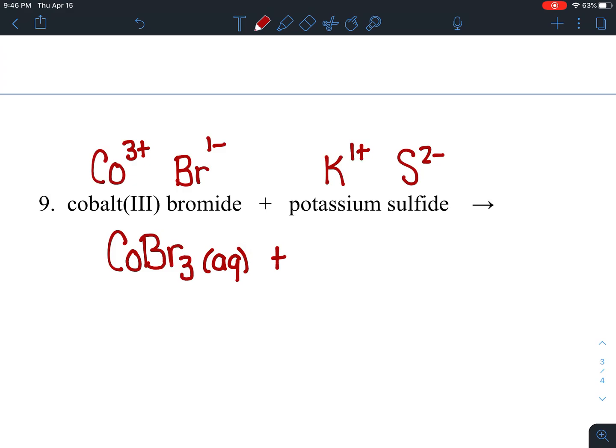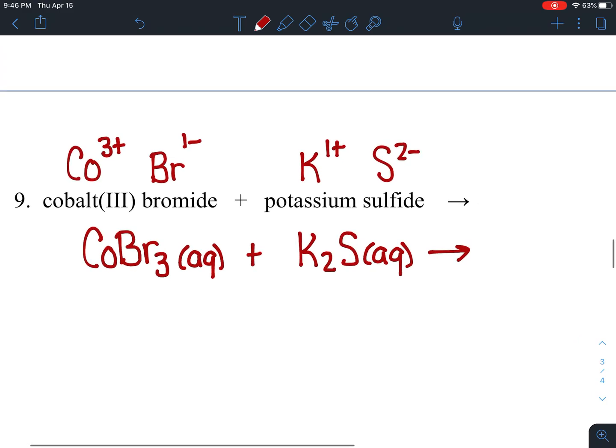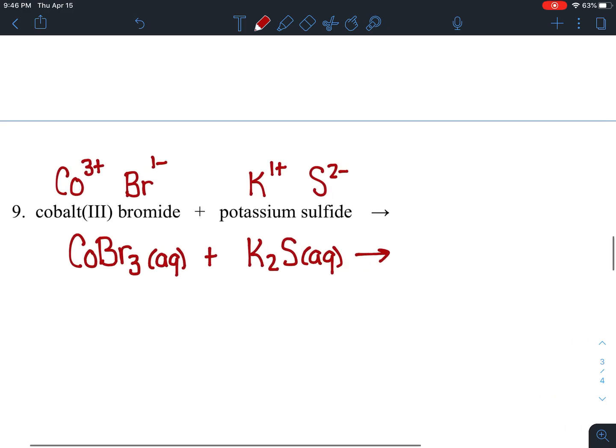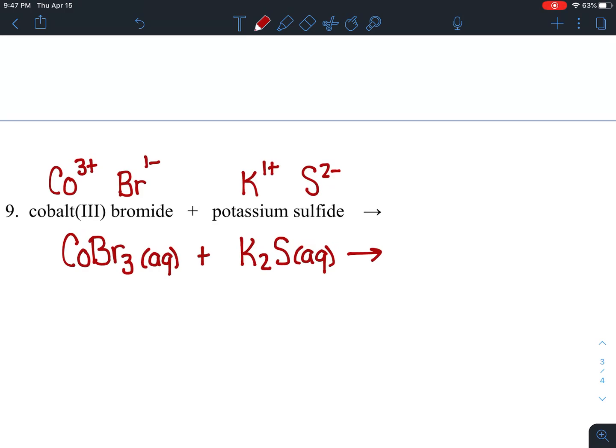But if they're on the reactant side of a potentially double replacement reaction, you don't really have to double check those. Potassium sulfide then would be K2S, also aqueous. Now it's my job to write out the products, and that's why I didn't want to combine those ions, because I want to show you how simple this actually is.